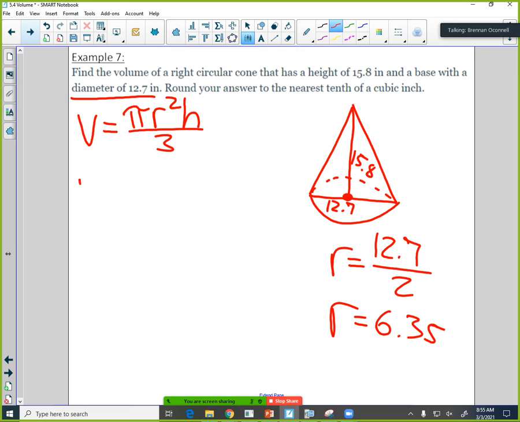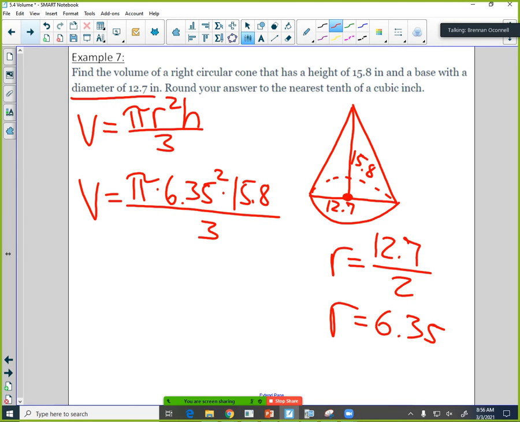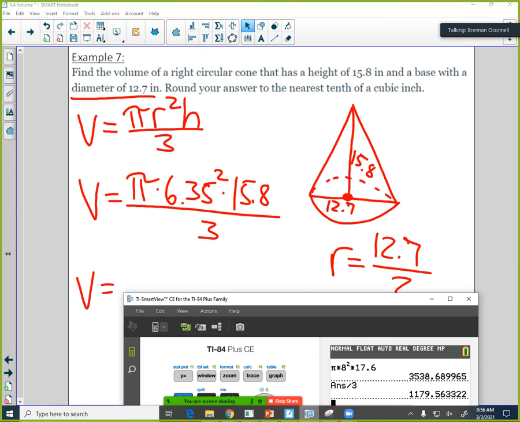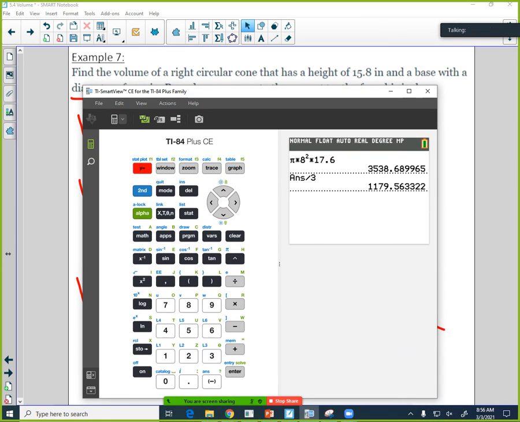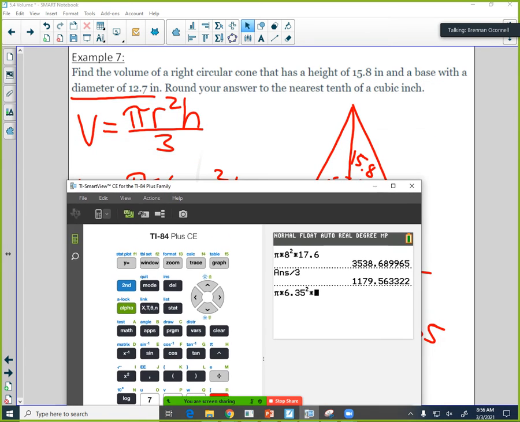After you've set that into your calculator, now you can just do pi times the radius, which is 6.35 squared, times the height, which is 15.8, and divide it by 3. And this is just something we can throw into this calculator. Pi times 6.35, our radius, squared, times our height, which was 15.8.